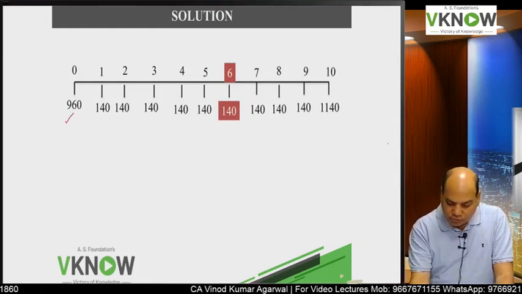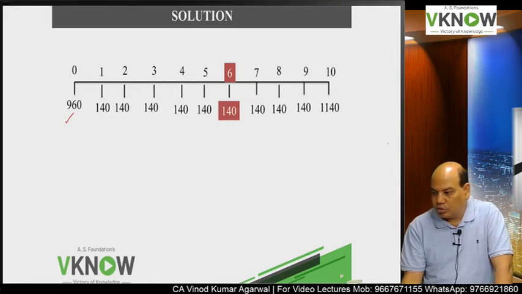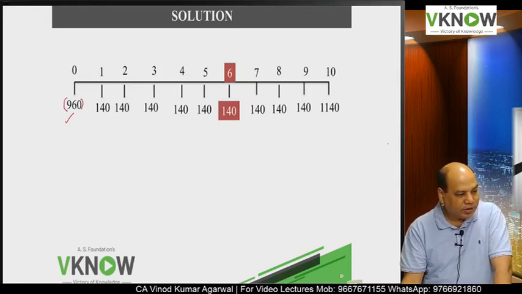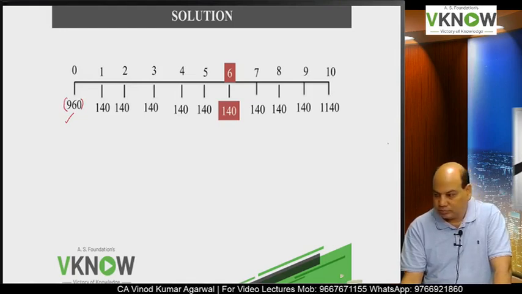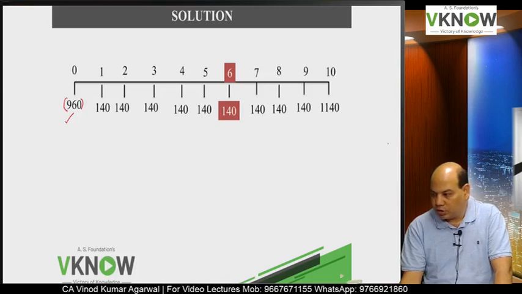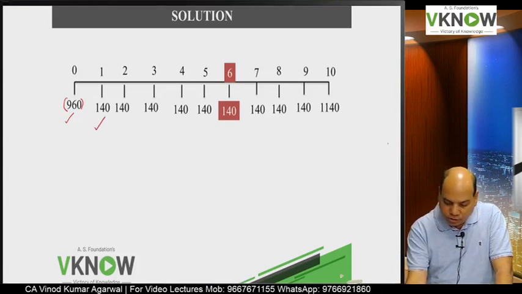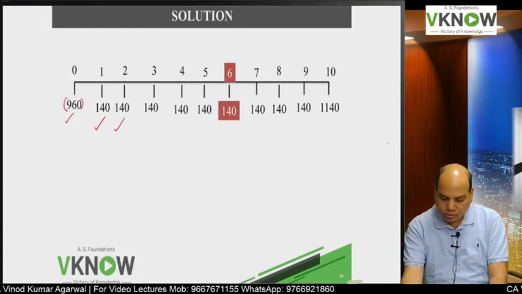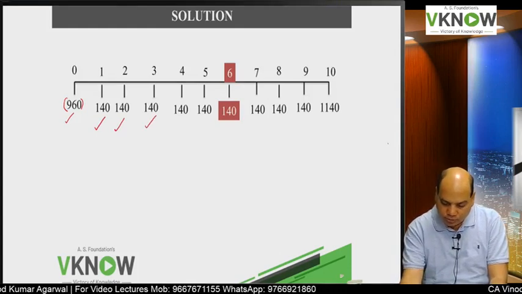In year 0, you are going to invest 960 rupees. Year 1, 140 you will receive as coupon. Year 2, 140 as coupon. Year 3, 140 coupon.